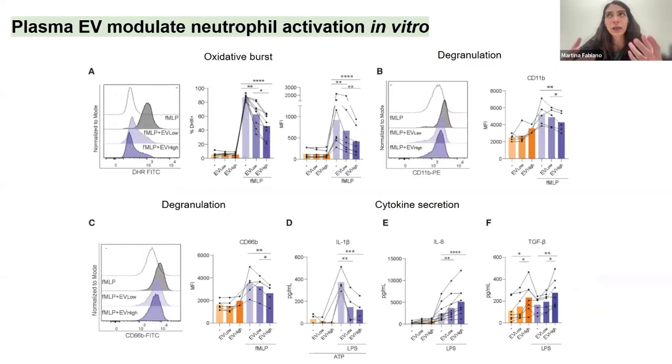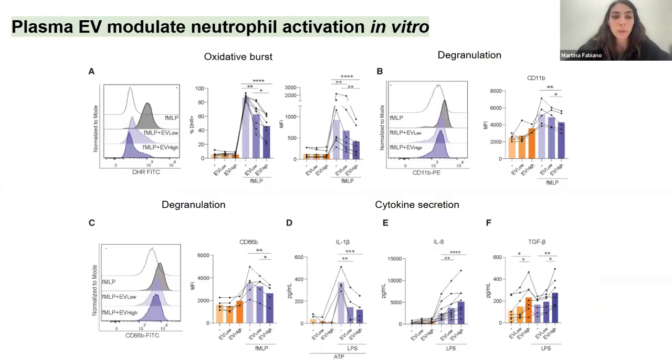After corroborating that this interaction was actually happening and could be really relevant, we decided to evaluate the different inflammatory responses of the neutrophils, as I told you before, like oxidative burst, degranulation, and cytokine secretion.